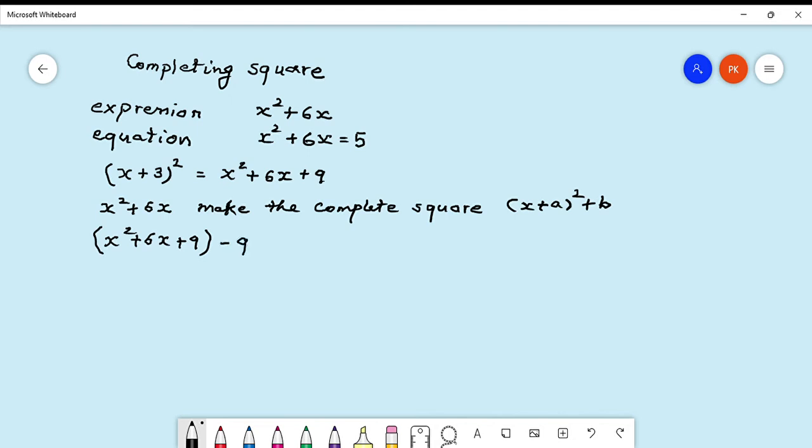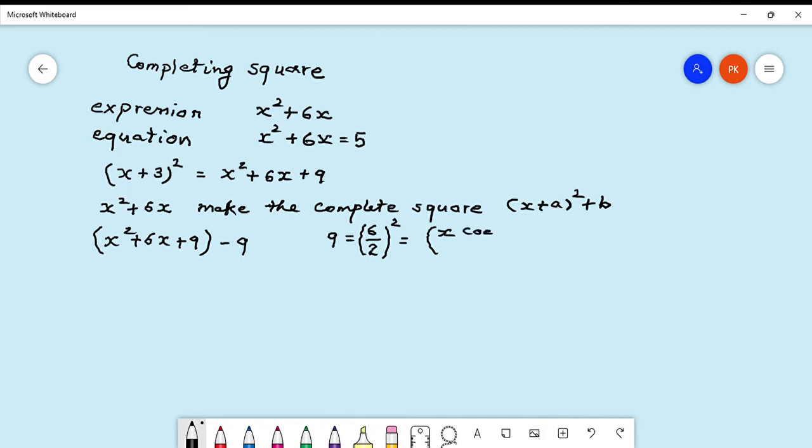Okay. Now see this 9 I can write it as 6 upon 2 the whole square. Now why I am writing this as 6 upon 2 the whole square? Because in this expression 6 is the x coefficient.